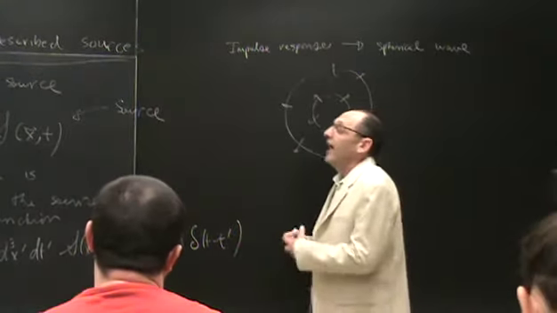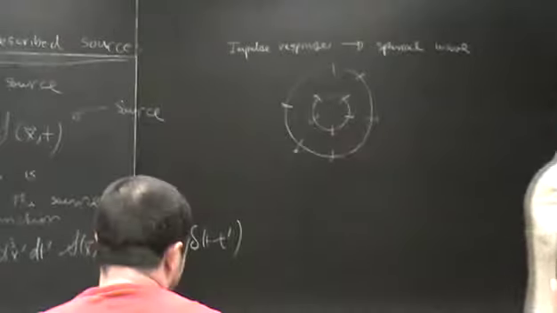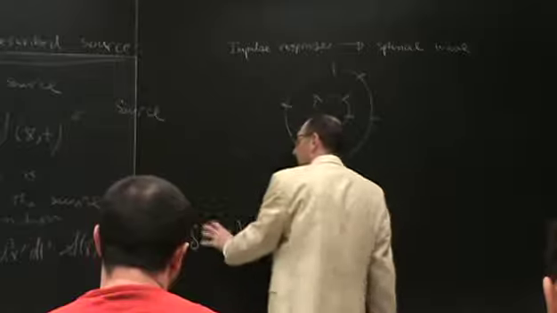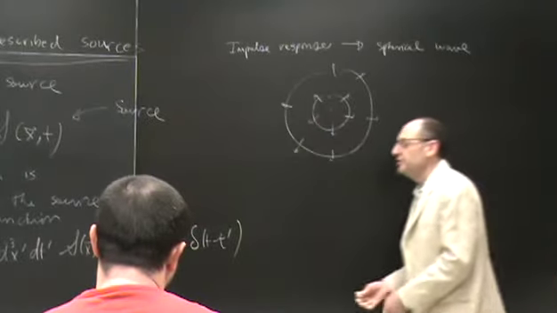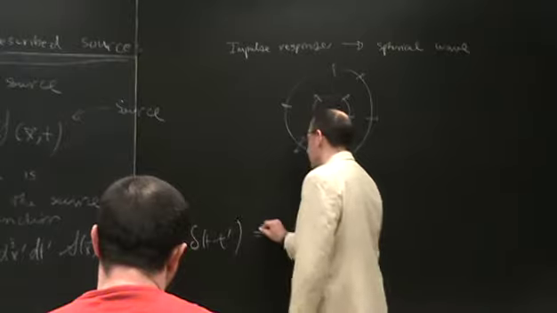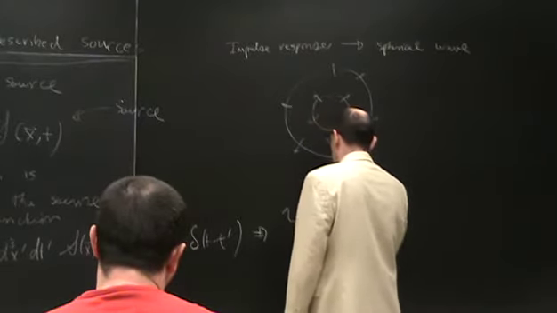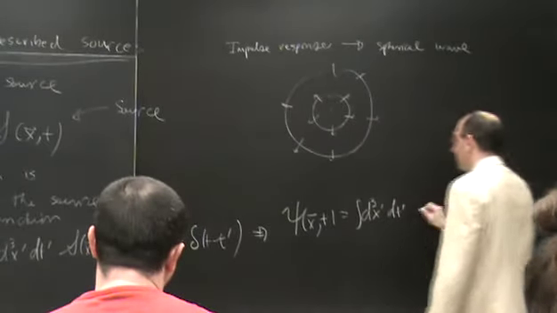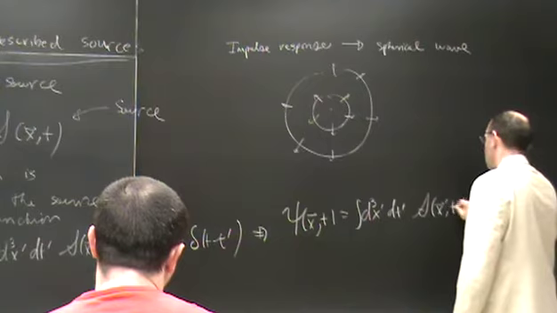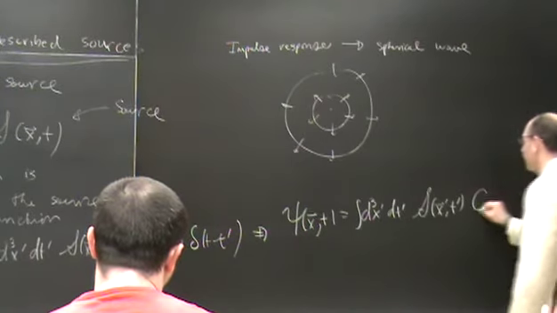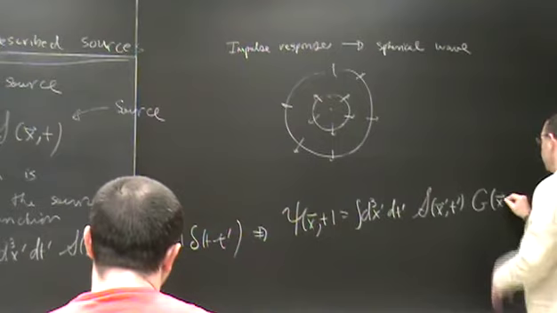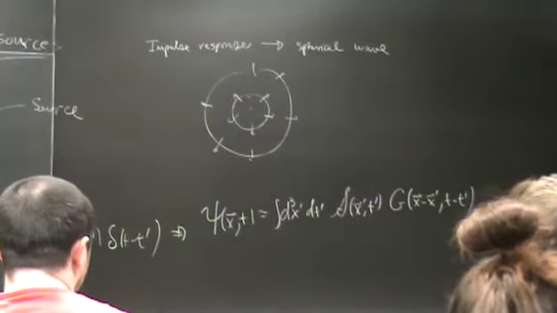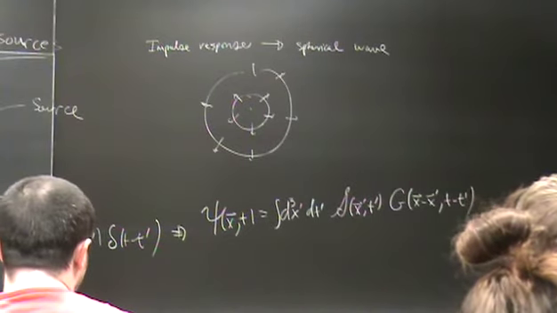And then if we had an arbitrary source, which is a superposition of impulses at different positions and different times, then our general solution will just be the convolution of the weighted strength of the source with the Green's function associated with the impulse response, the spherical wave.